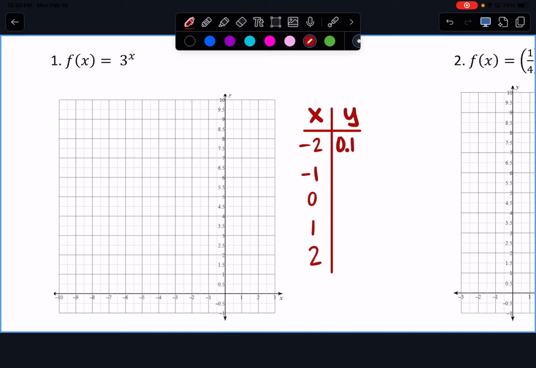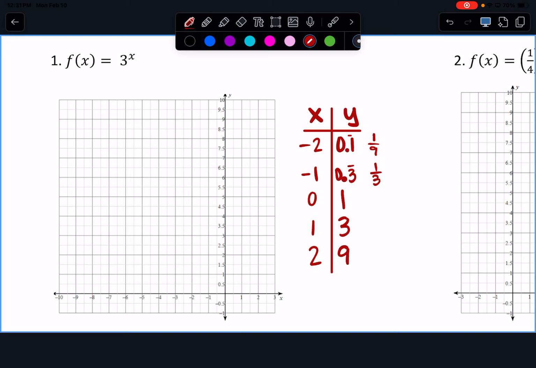I would also accept 1/9. What about 3 to the -1 power? 0.3 repeating. I would accept 1/3. What about 3 to the 0 power? 3 to the first power? 3 to the second power.